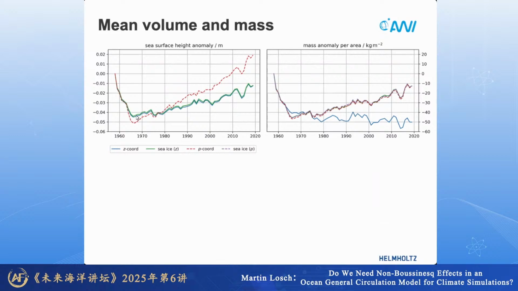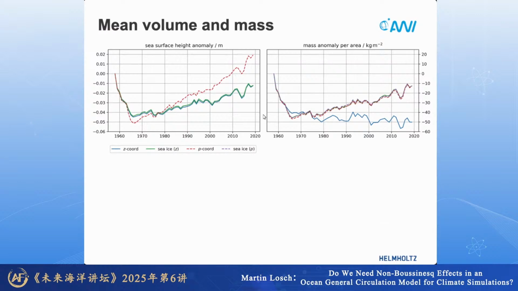So all of the sea level drop in the volume conserving model can be accounted for by sea ice formation, and then again sea ice loss as we go on with time. The pressure coordinate model has a stronger signal, because at the same time the ocean is warming, and you have this expansion of the volume, which is not captured by the Boussinesq model.